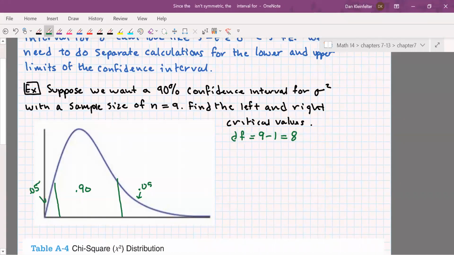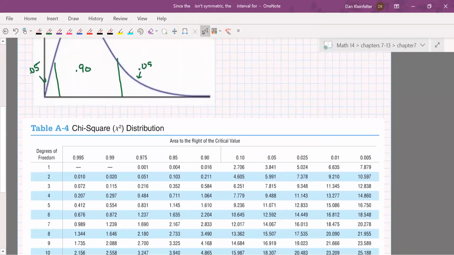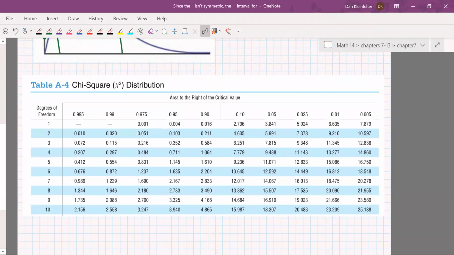We need two different critical values. Here's what the chi-square distribution table looks like. Like the t-distribution, down the left side, you'll see the degrees of freedom. Here I've just put the first 10 rows because that's all we need for this problem.